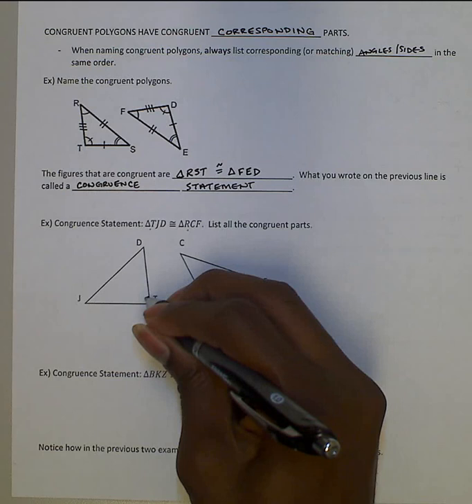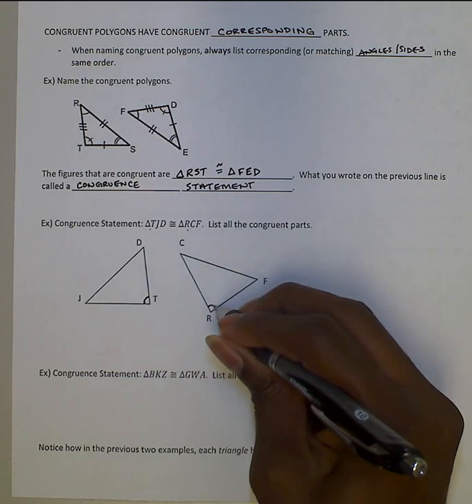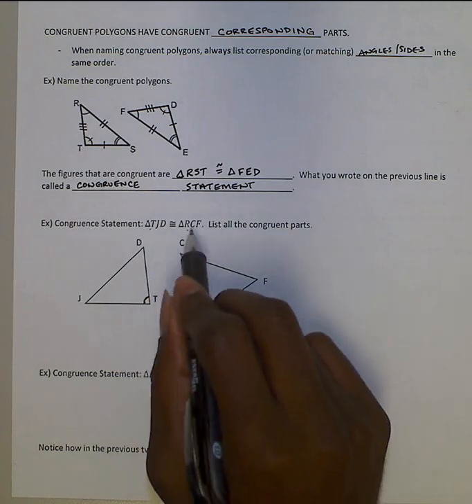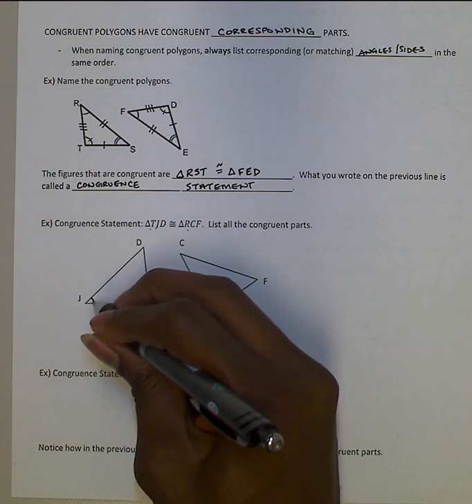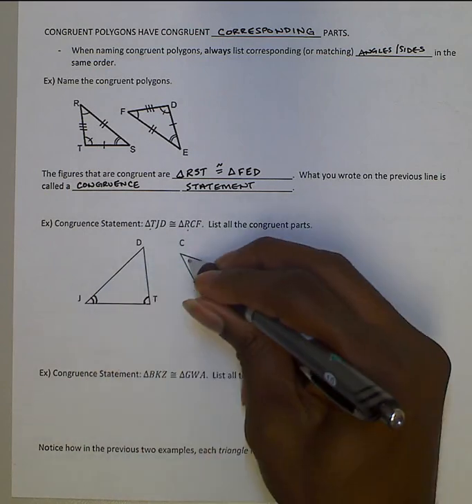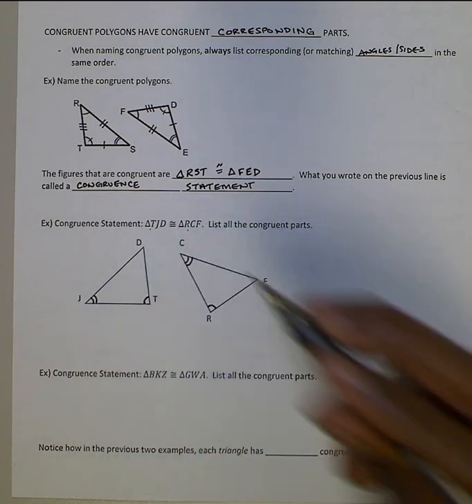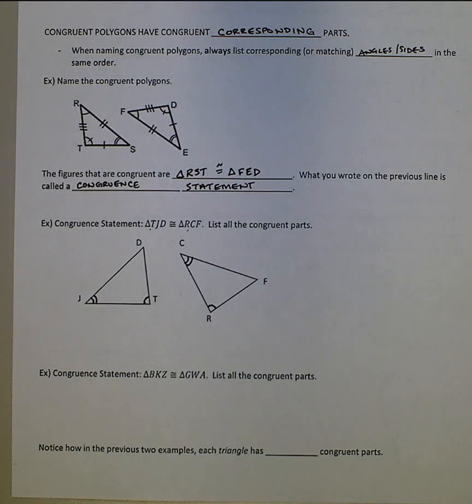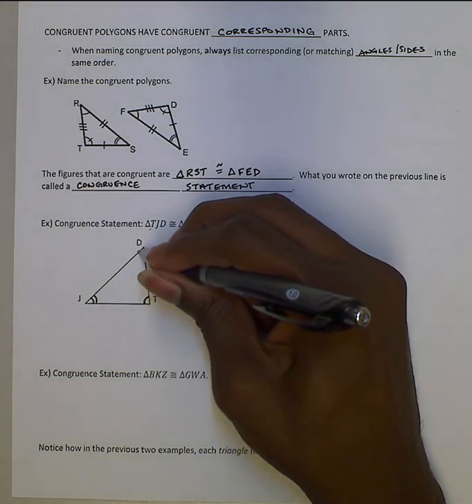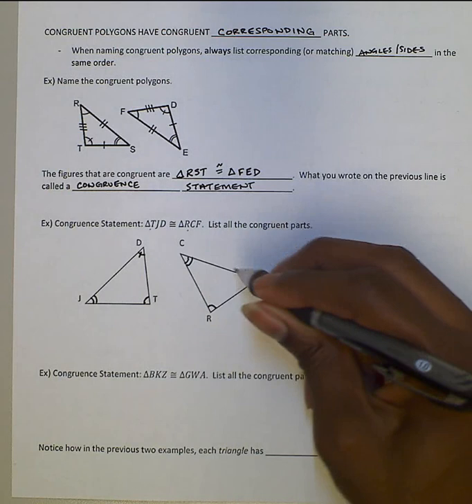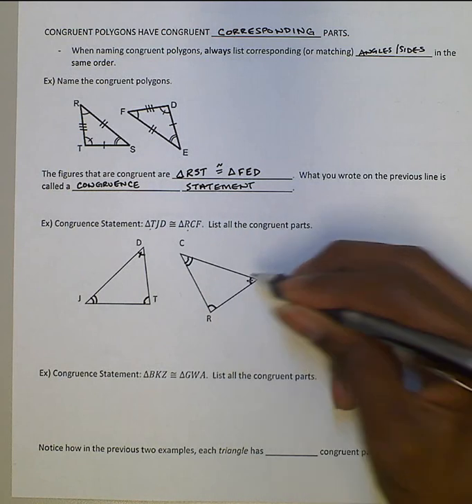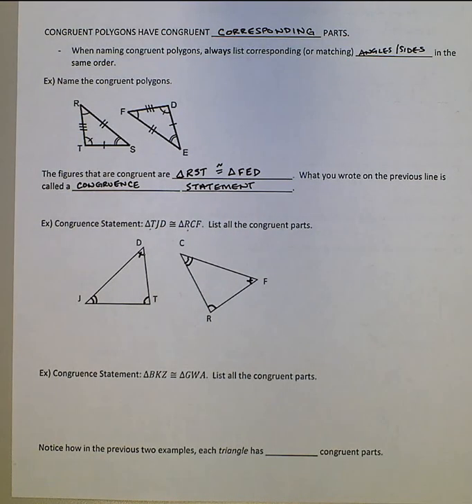I'm going to give them an arc. I know that J and C are congruent, so I'm going to give those two arcs. And I know that D and F are congruent, so I'm going to give those an arc with a dash in it. Any arcs, any measurements or marks that you can make so that they're congruent to each other.